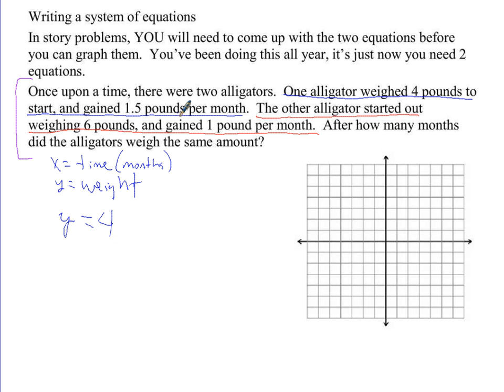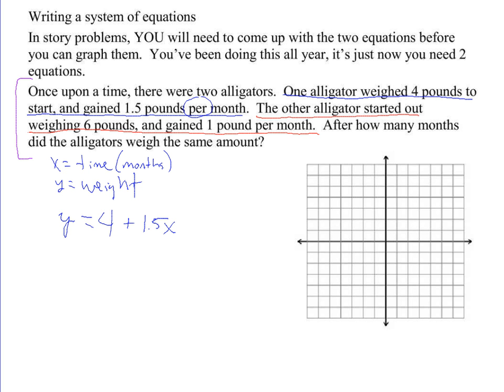The pounds per month, remember that word per? I always say it kind of gives away the variable. So we're gaining, so plus 1.5 pounds per month. X is my months. So there's your equation.